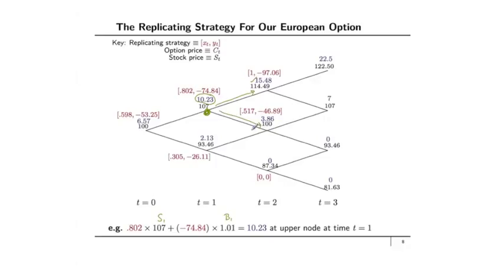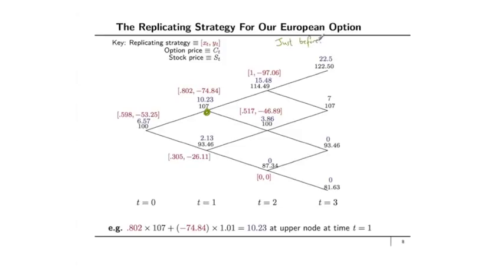Another check you can do here is you can actually check the self-financing condition. So here's how we can do that. So the self-financing condition at this node should say that the value of the portfolio just before trading at this node equals the value of the portfolio just after trading at this node. So just before, what is the value of the portfolio?